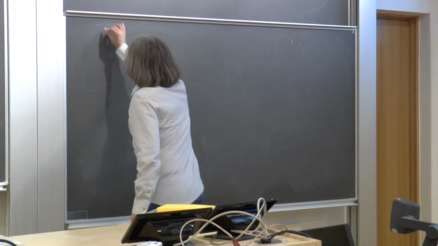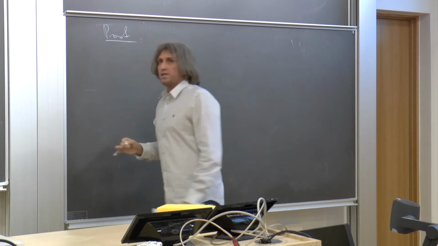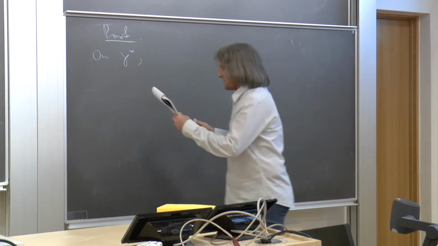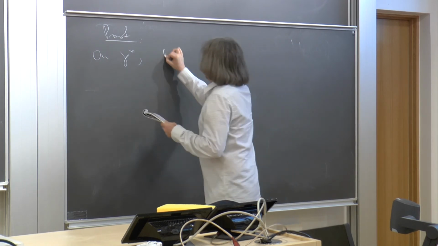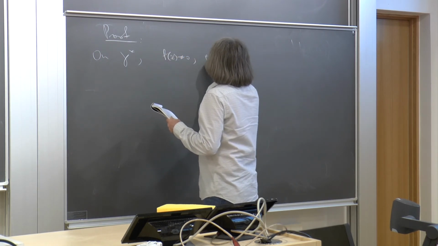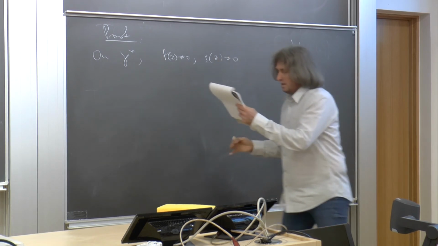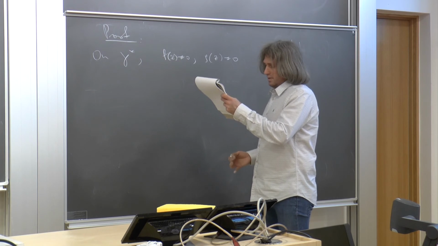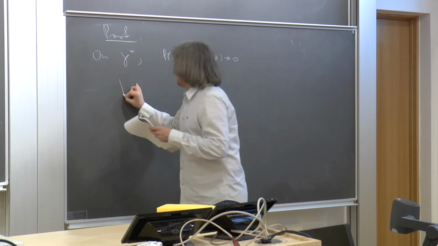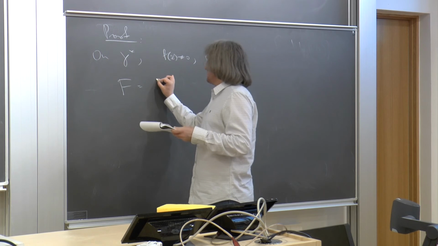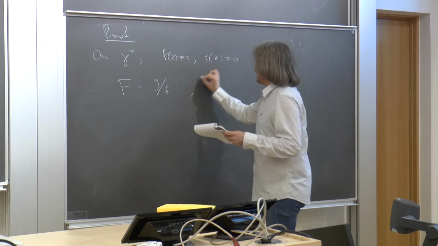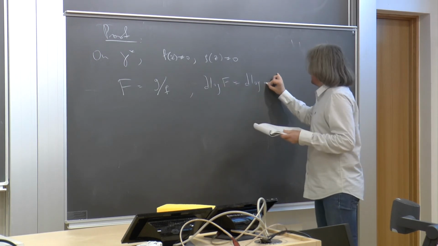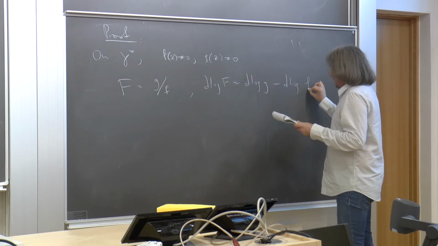So the first observation is that on the image of gamma, both functions are non-zero. So let's introduce a function F, which is, let's say, g divided by f. Then d log F is d log g minus d log f.